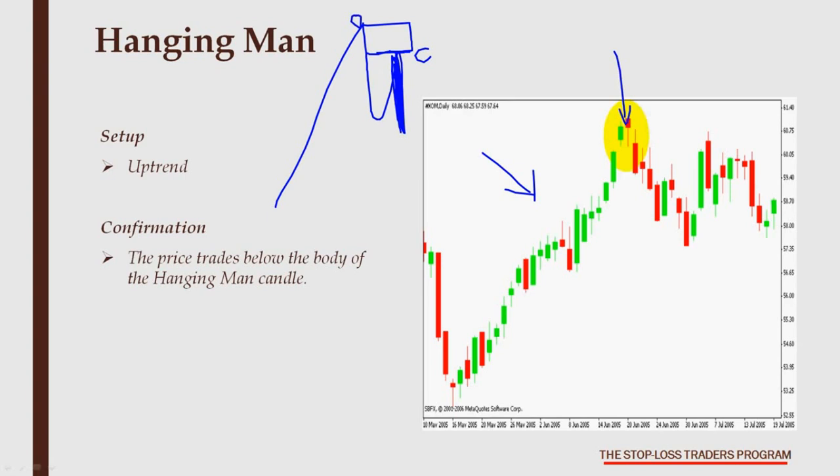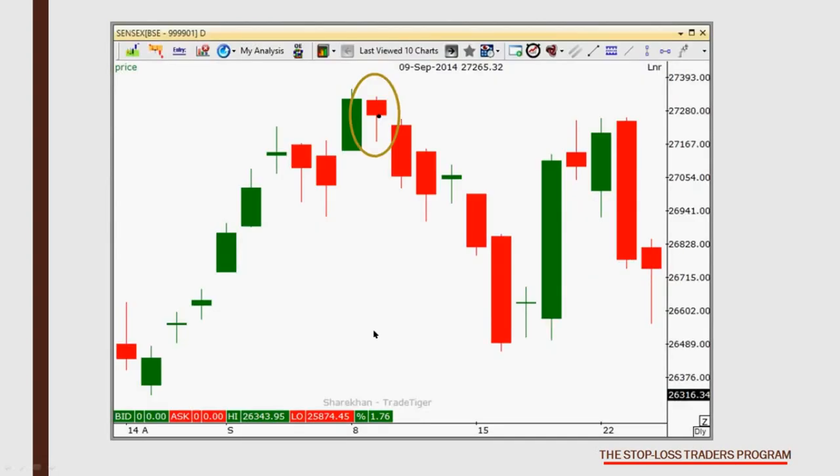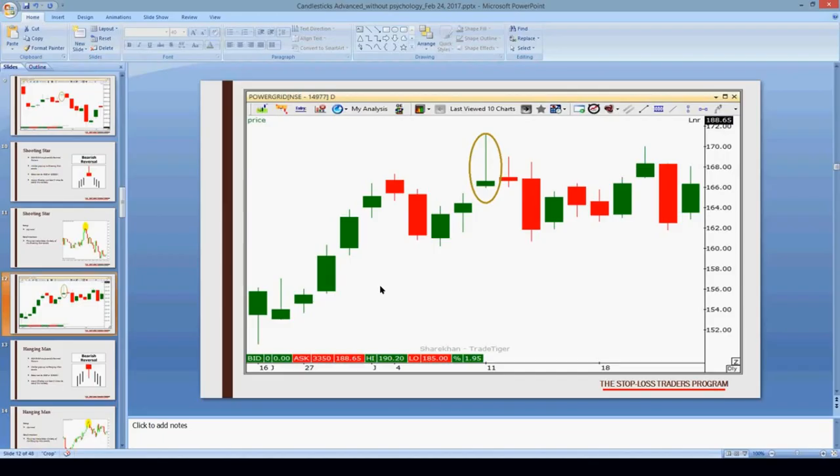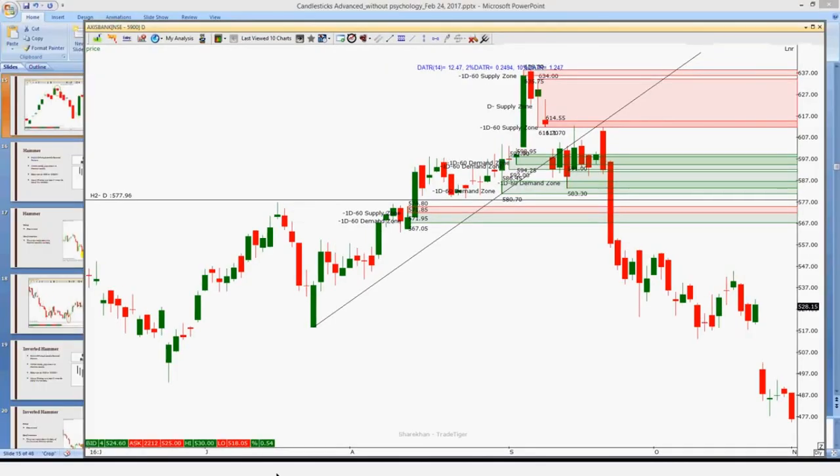Okay, so let's open one example from our market. This was the Sensex chart. Now this happened on 9th of September 2014. Let's check Sensex. What happened with Sensex? 9th September 2014 here.